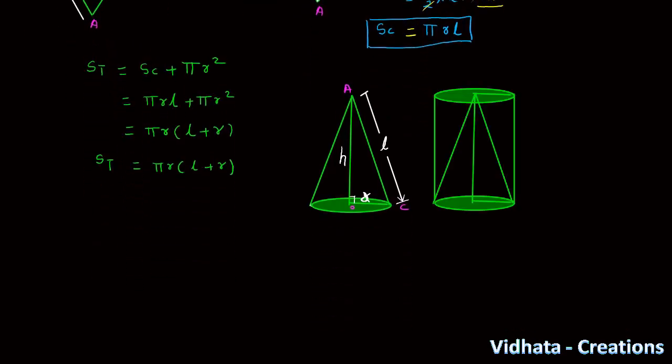We have to consider a right circular cylinder whose height is equal to the height of the cone, and whose base area is also equal to the base of the cone, meaning its radius is also r.